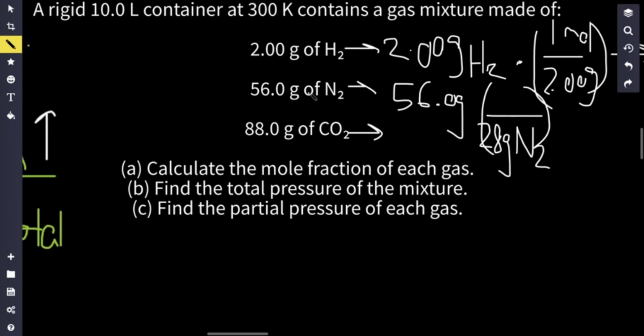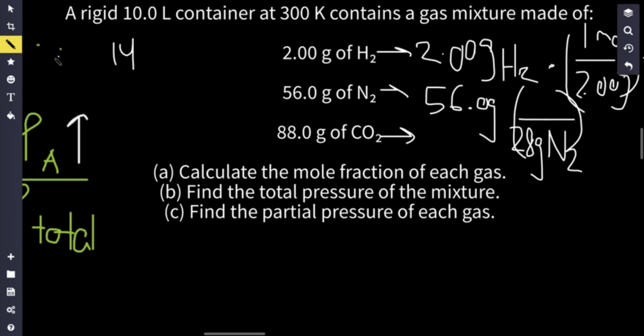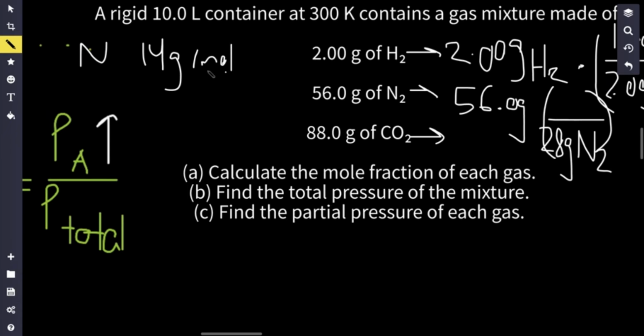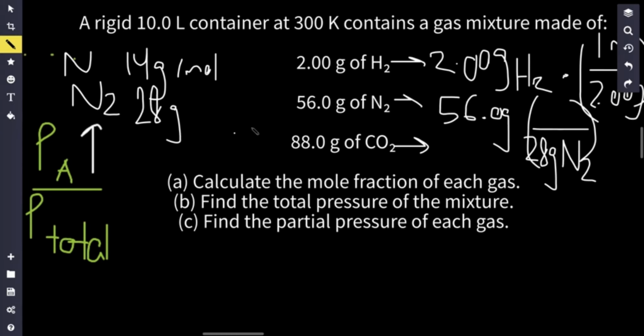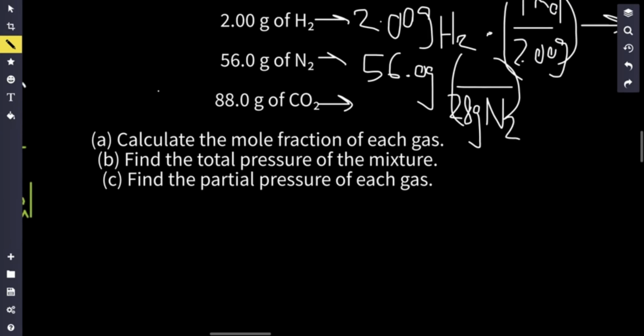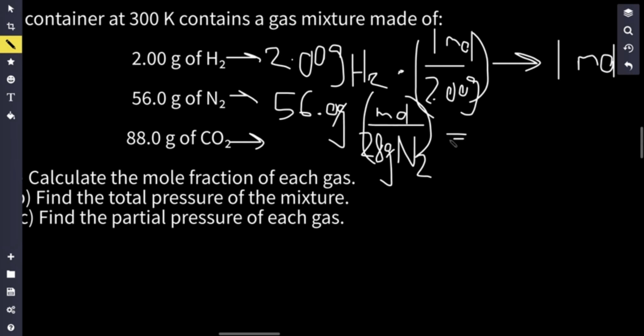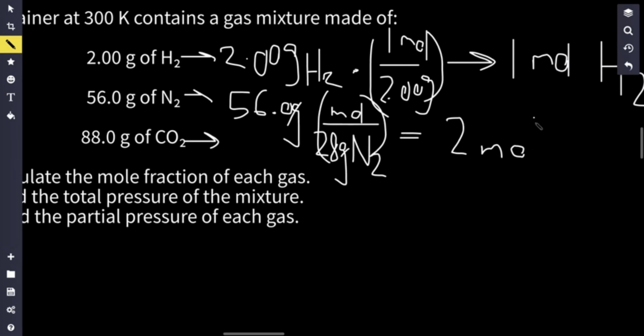If you did not know that, I just know that the molar mass of a single nitrogen is 14 grams per mole. So for N2, I have two nitrogens, so the molar mass is 28 grams per mole. Grams cancel out, and you get that this is the same thing as 2 moles of N2.